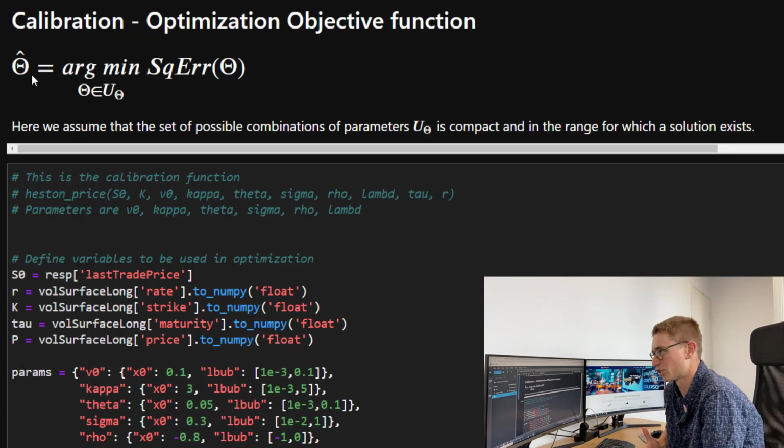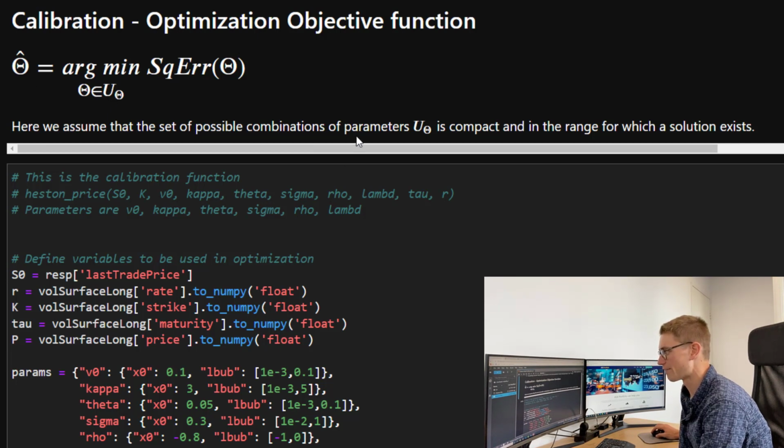My objective function becomes the parameters that minimize this squared error over the entire set. And as long as I have a parameter set that's compact and in a range where a solution exists, I'm all good to go ahead with the objective function.